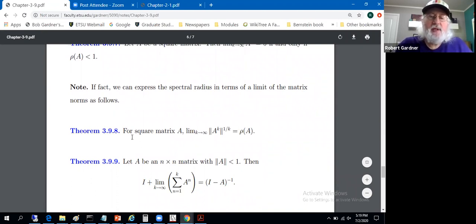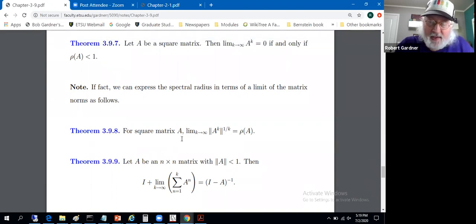The claim in the next theorem is, for a square matrix A, we wouldn't be having any of these conversations unless they were square matrices. We're talking spectral radius, so we're talking eigenvalues, and those only work for square matrices. So for square matrix A, we're claiming that the spectral radius of A can be determined by computing the limit as K approaches infinity of the norm of A to the K, to the 1 over K.